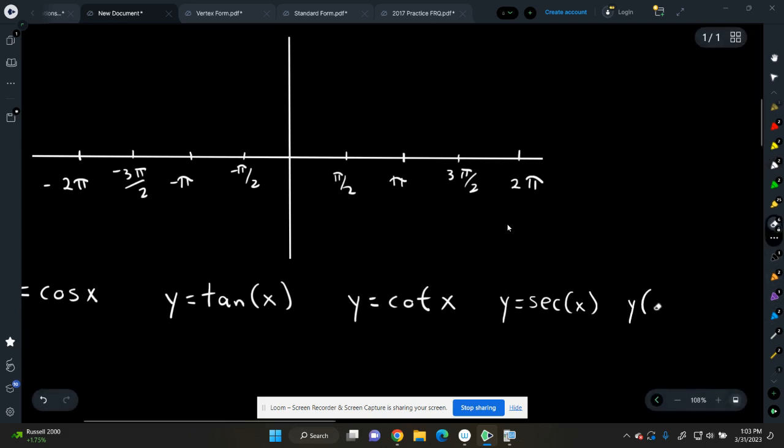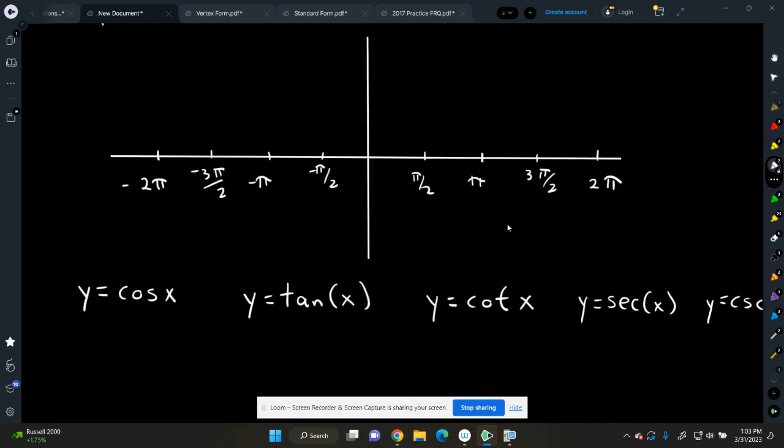You're going to spend the rest of the period doing this. Try to do it without looking at your notes. Okay? 6 separate graphs, and you're going to graph from negative 2 pi to positive 2 pi.